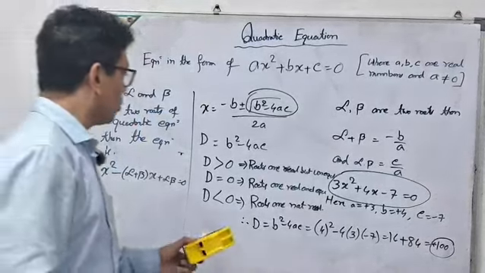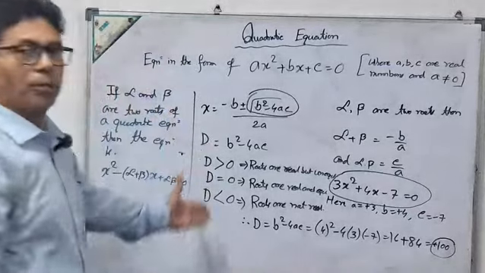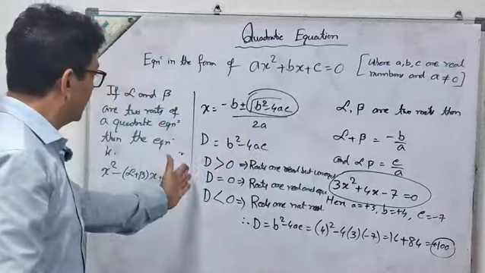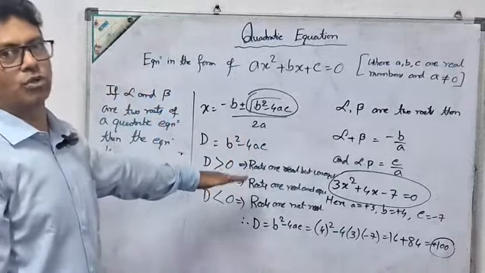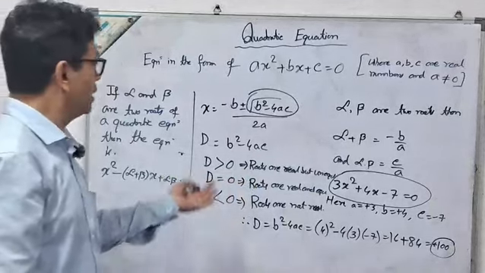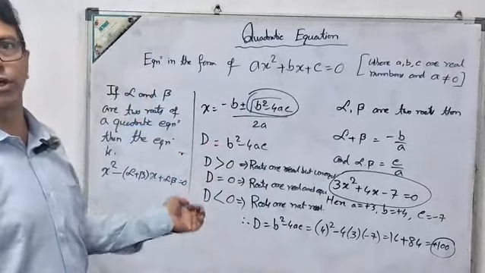So that's all about the quadratic equation. We discussed the nature of roots by using the formula d is equal to b square minus 4ac. If the value of d is more than 0, the roots are real but not equal. If the value of d is equal to 0, the roots are real and equal, and if the value of d is less than 0, the roots are not real.